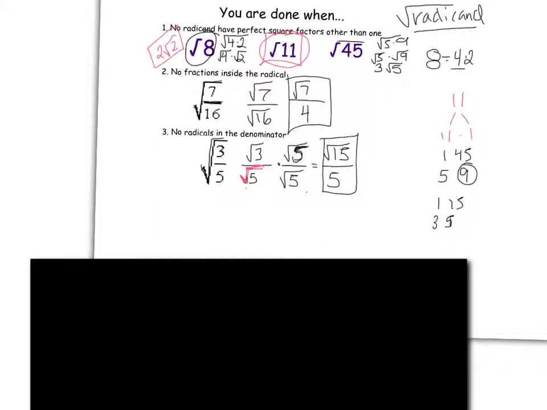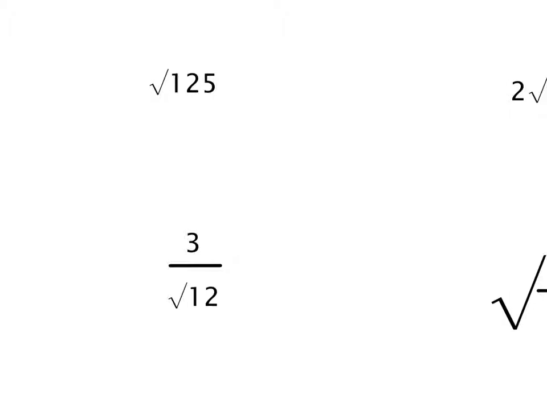Alright, let's practice. Okay, let's start with the square root of 125. Now, I don't know about you guys, but I forget a lot of my perfect roots, and I think it's really nice to have a whole list of them when I'm trying to think of what factors I need to look for.